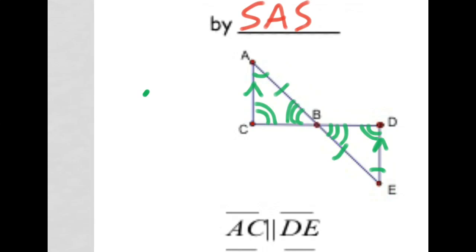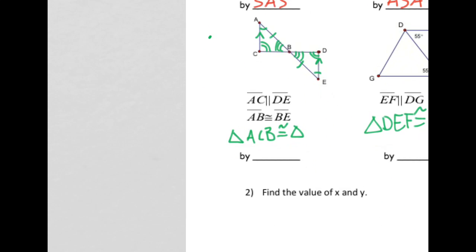So we can see that by angle, angle, side, we have congruence. We also have congruence by angle, side, angle. So it doesn't really matter which one you say this time, angle, angle, side, or angle, side, angle, depending on what you want to say. And finally, triangle ACB will correspond to triangle EDB.